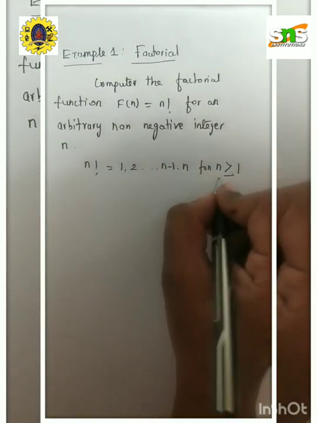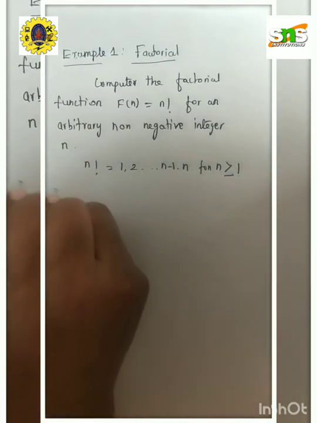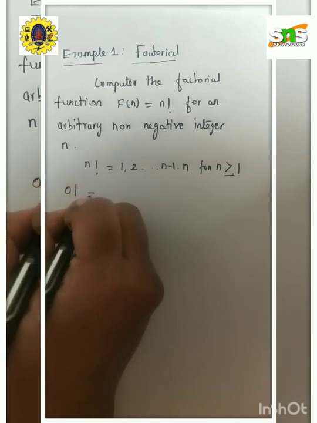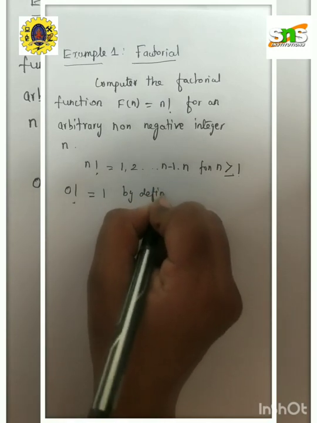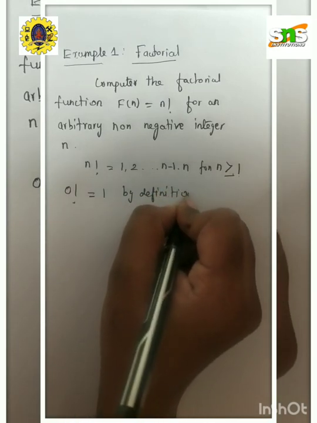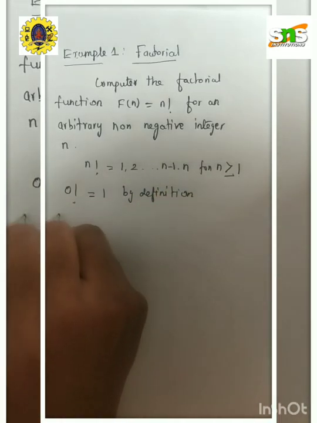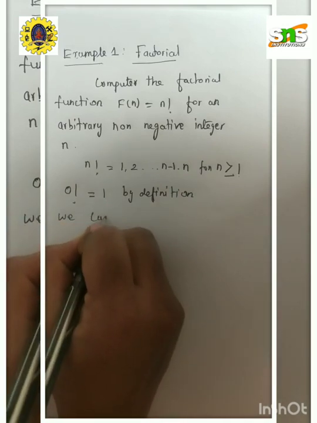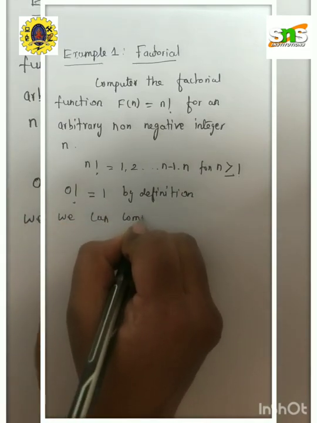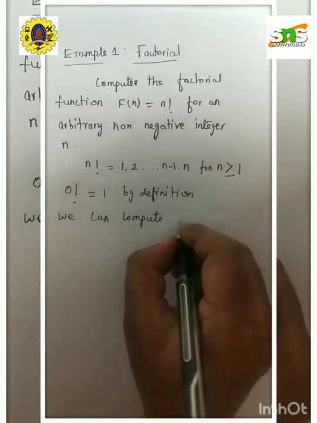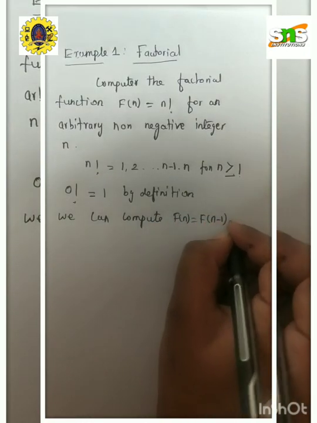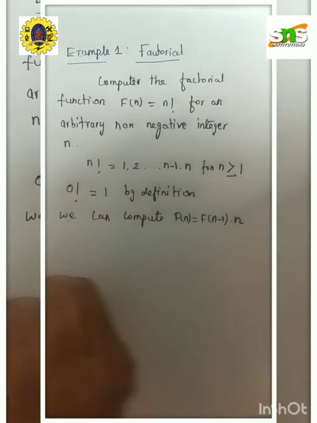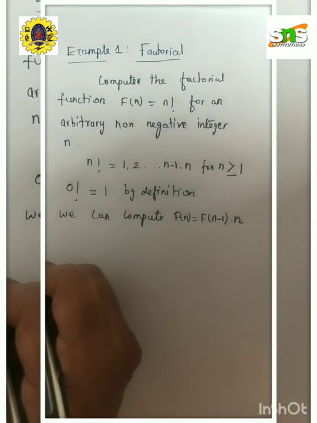Why mention n greater than or equal to 1? 0 factorial is equal to 1 by definition. So we can compute f of n equal to f of n minus 1 into n with the following recursive algorithm.